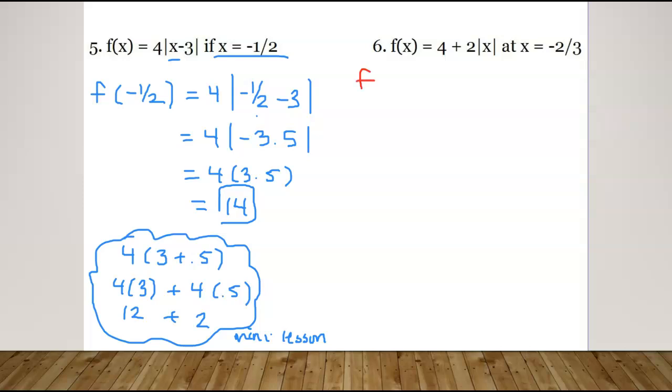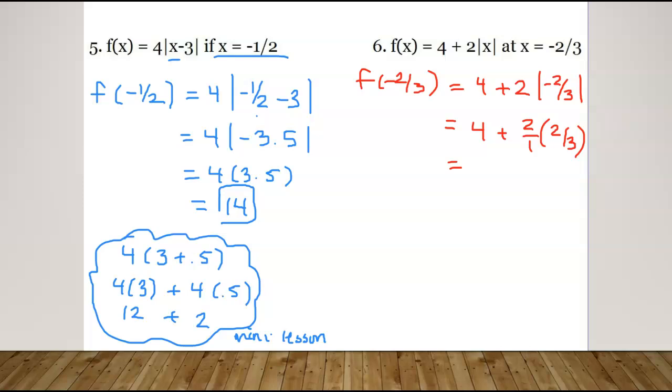Okay, f of negative 2/3 is equal to 4 plus 2 times absolute value of negative 2/3. Absolute value of a negative is a positive. When you're multiplying a whole number times a fraction, you multiply the tops and the bottoms. So 2 times 2/3 is 4/3. To add fractions together, they have to have like denominators. So again, if you have no calculator, you multiply this by 3 over 3.